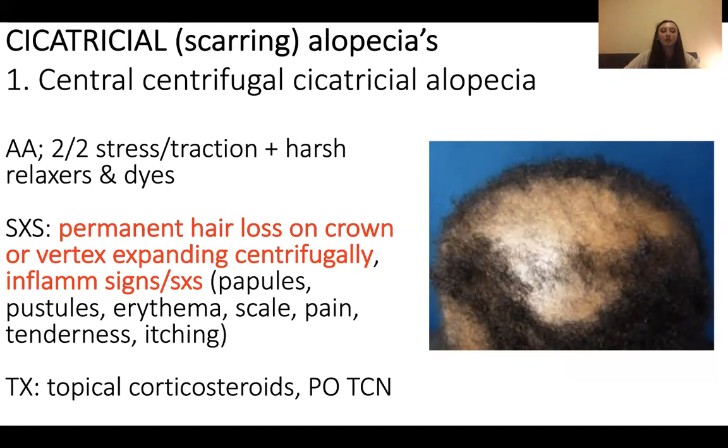Another form would be constant use of hair extensions or perms or relaxers or box hair dyes from the store, not from a beauty shop. So it's important to make sure that there's not too much stress on your hair, or it can cause this and it's not going to come back.